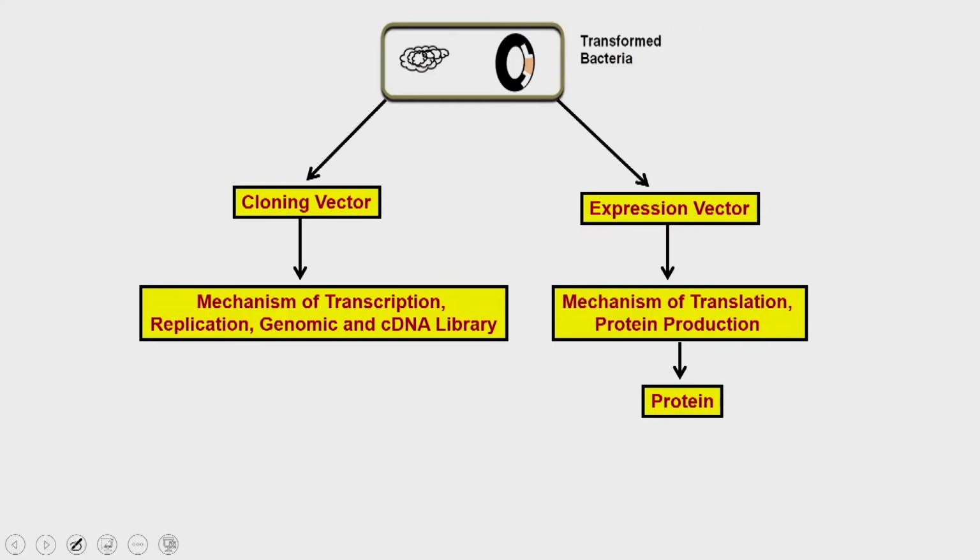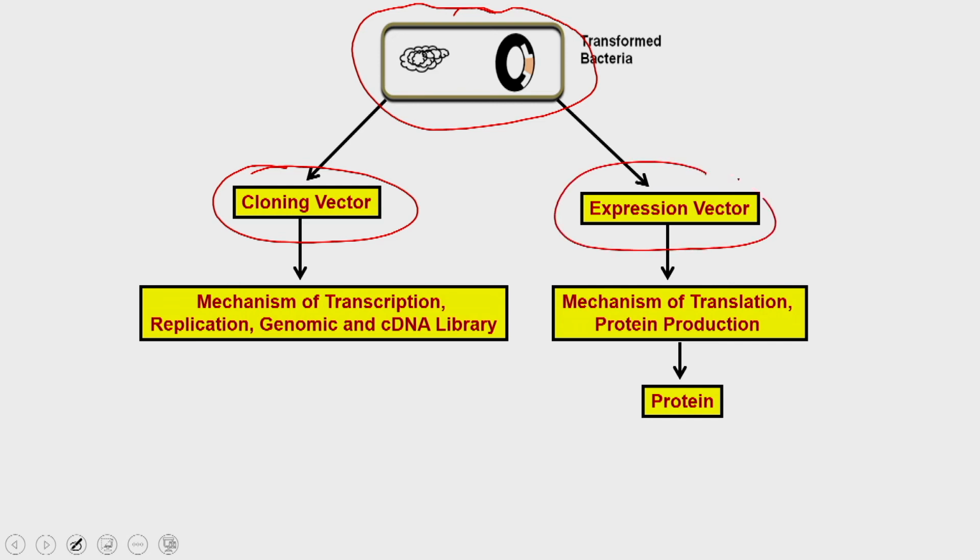After that, we also discussed how to do the overexpression of a particular protein in the host. Once you have generated the transformed bacteria and screened them, you have two possibilities: you have done the cloning into the cloning vector or into the expression vector.